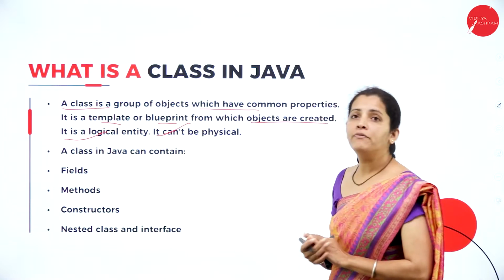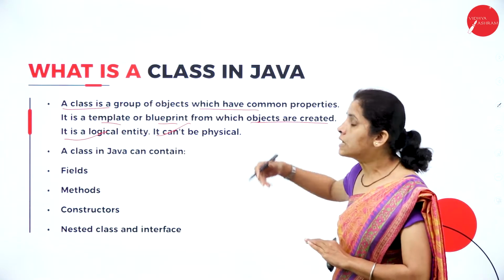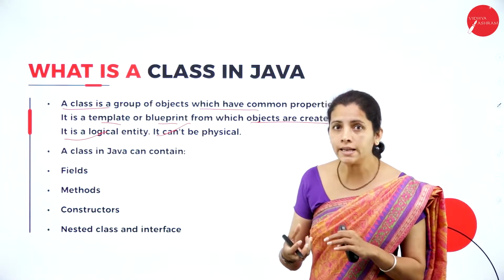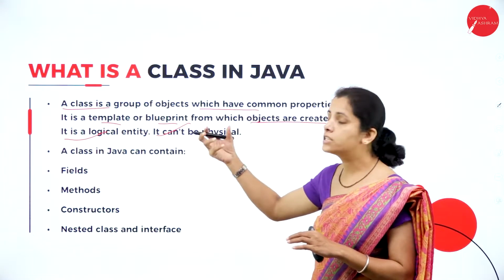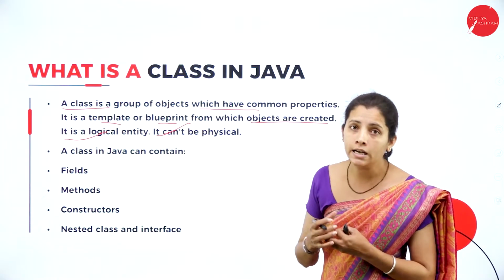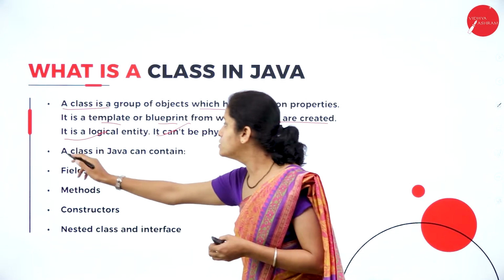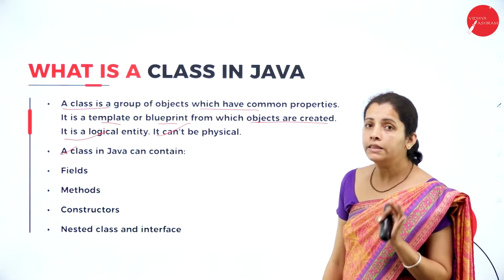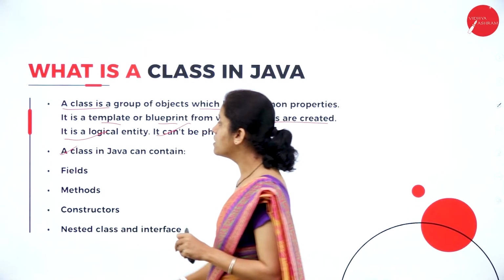It cannot be physical. That means classes are logically present. That means I'm going to create the class, and it is a logical entity, or it's also called a runtime entity. So if I consider a class in Java, then it includes fields.